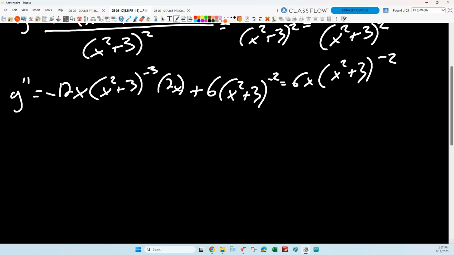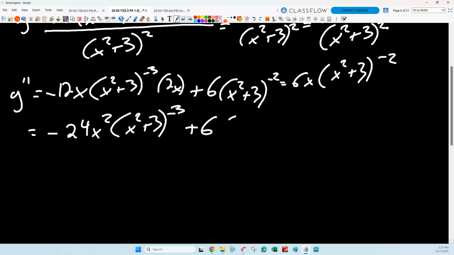Okay, so if we clean that up a little bit, we get negative 24x squared times x squared plus 3 to the negative 3 plus 6 times the quantity x squared plus 3 to the negative 2. Do you see any like bases? X squared plus 3. So what power of that base can I undistribute? Negative 3, the least of the two, right?